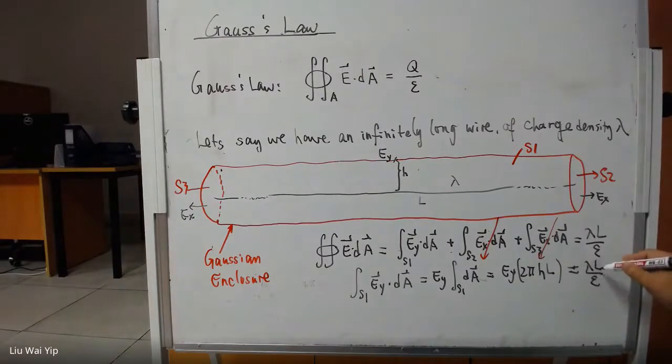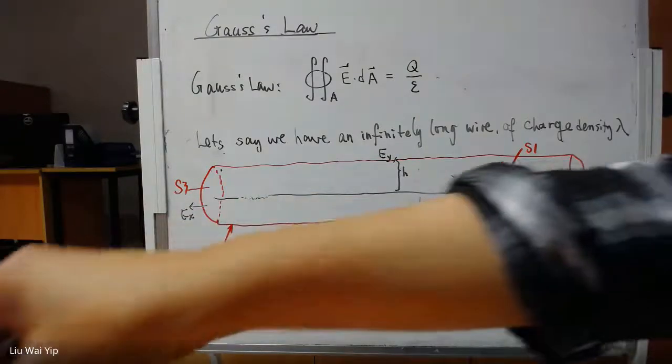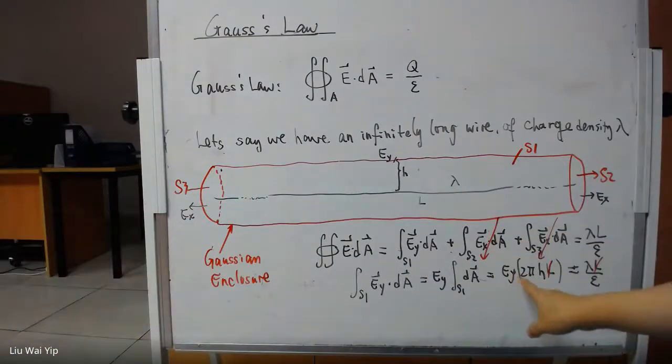Now lambda L divided by epsilon. You have L in both sides of the equation. You have L here and you have L here. So it's better to cancel off with each other. So finally, we end up with only this expression, right?